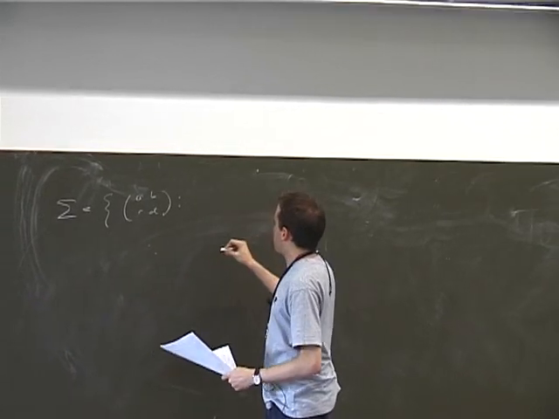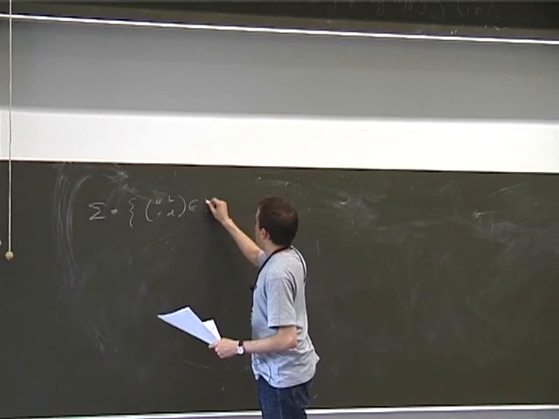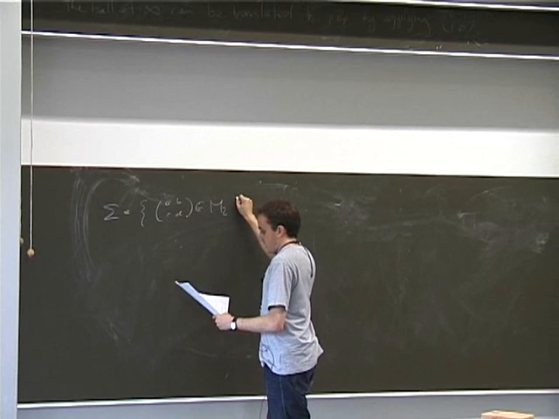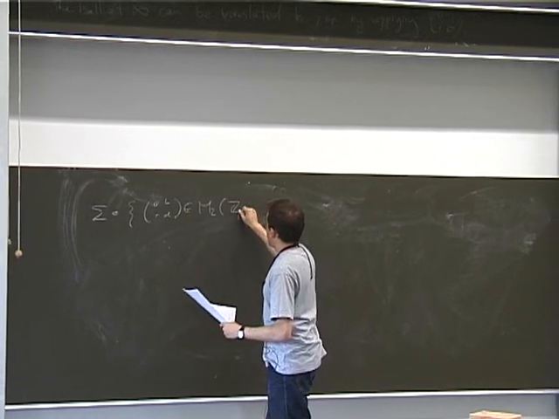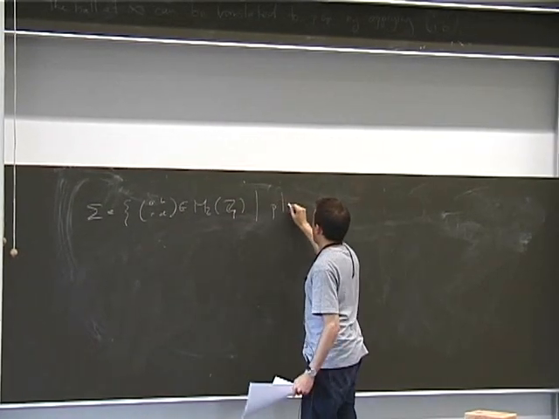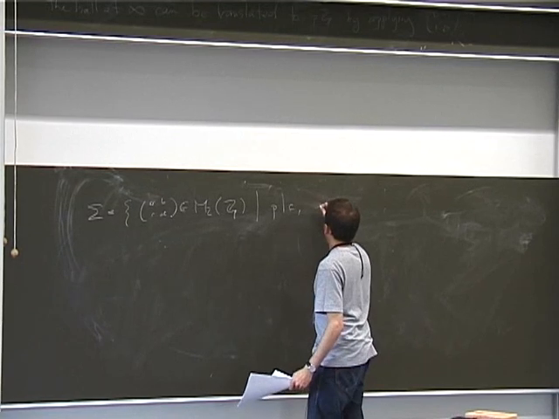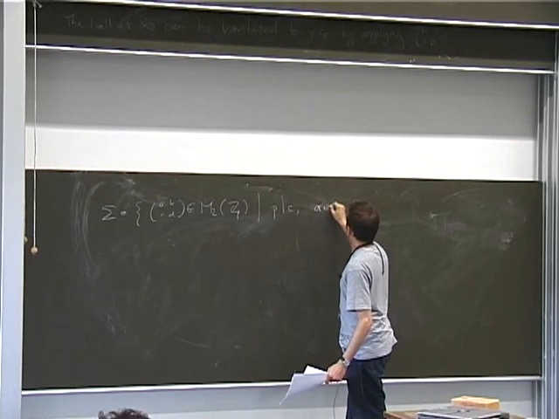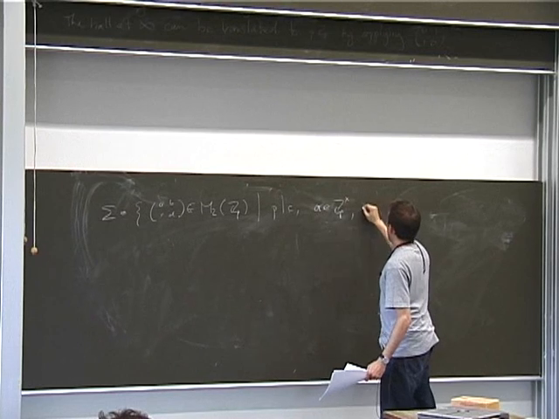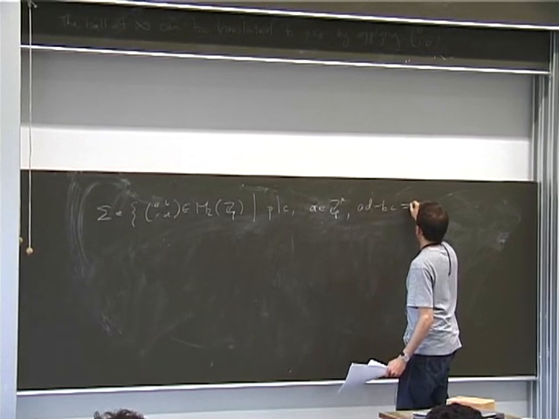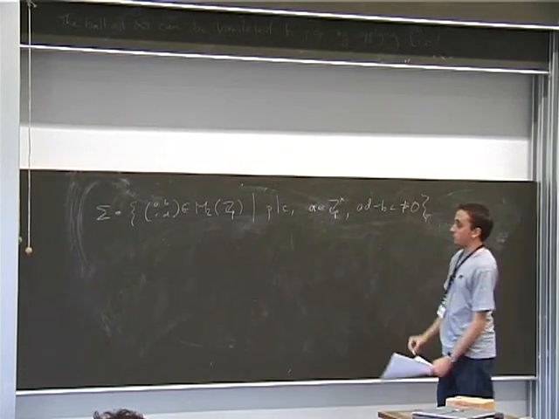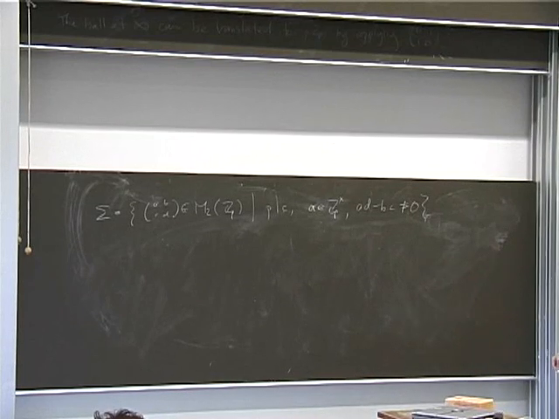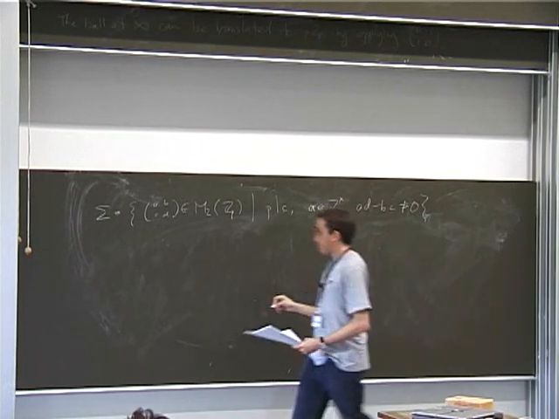You can just write this down as a set of matrices A, B, C, D in M2 of ZP, such that first of all P divides C, and A is in ZP star, and AD minus BC is not equal to 0. So this is some semigroup of matrices.